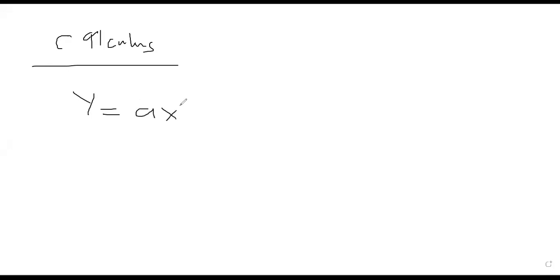So if we're looking at the power rule in calculus, we're going to look at dy/dx. If you're given a function y is equal to ax^n, this means you're differentiating dy over dx, because there's y this side and x this side.